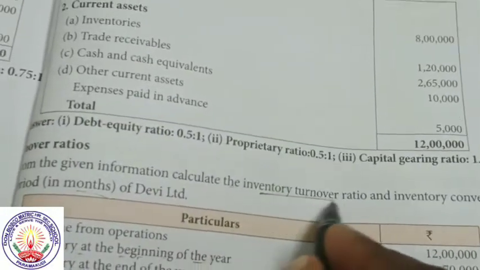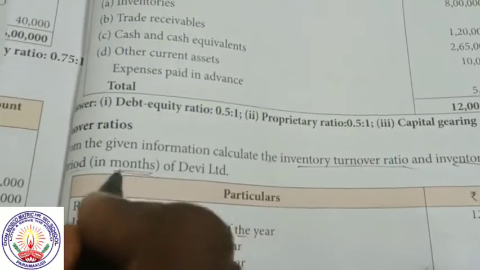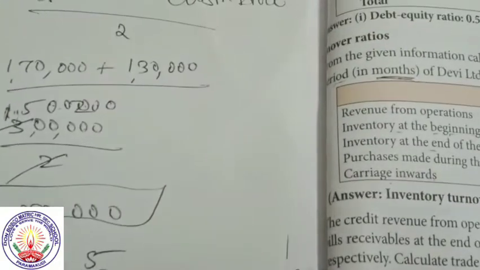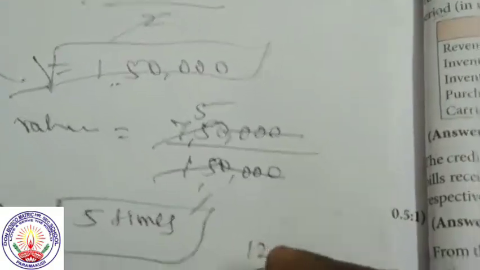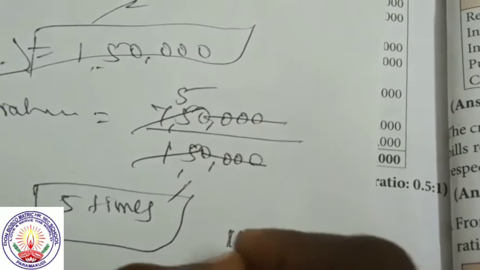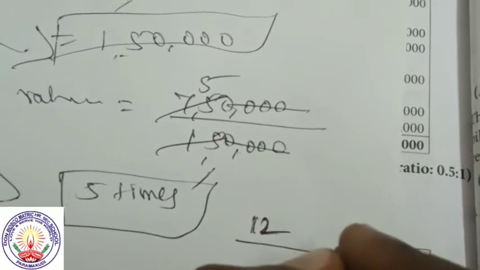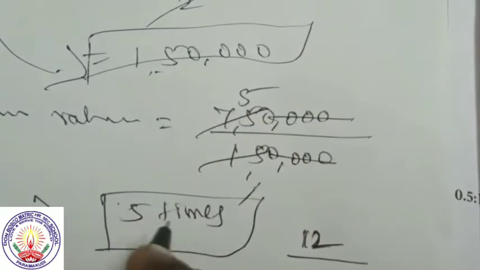Next, calculate the inventory conversion period in month. Already told you, the inventory period in month: month means 12 months for the year. How many months in the year? 12 months, divided by inventory turnover ratio, how many times? 5 times.